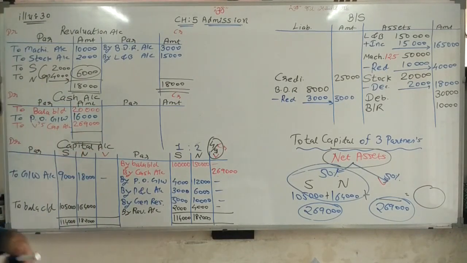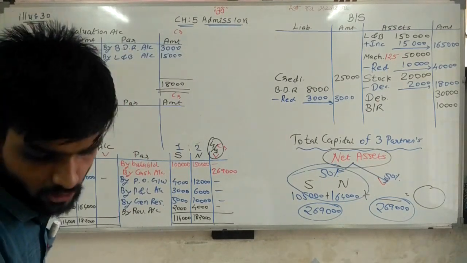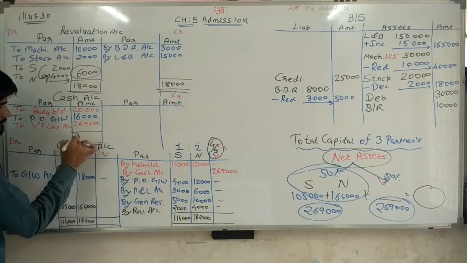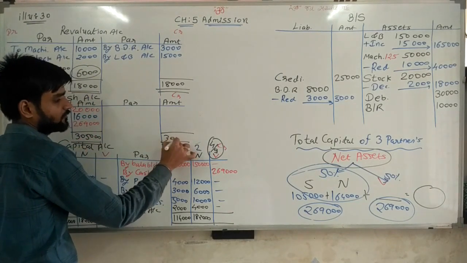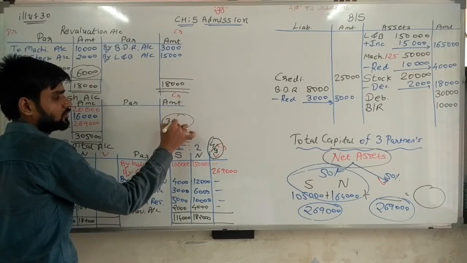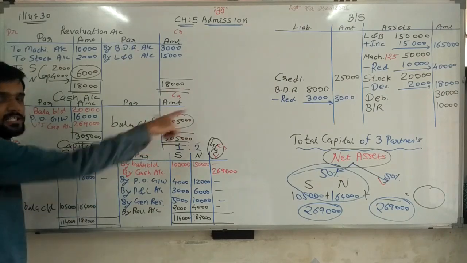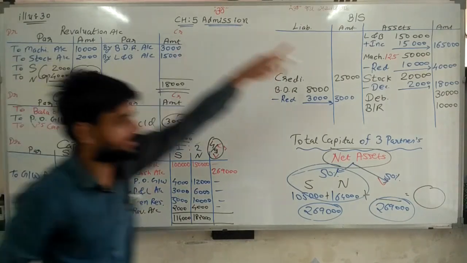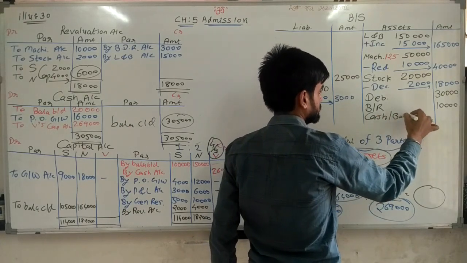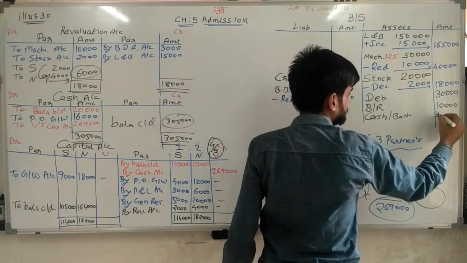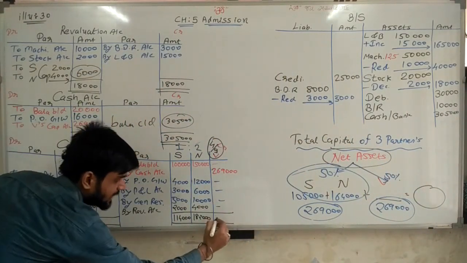Total of this cash account is 305,000. Balance is also 305,000. So cross means debit here, so cash and bank account 305,000. Closing this account also.